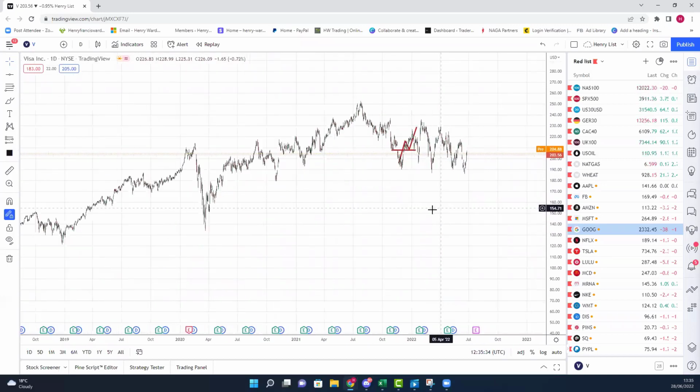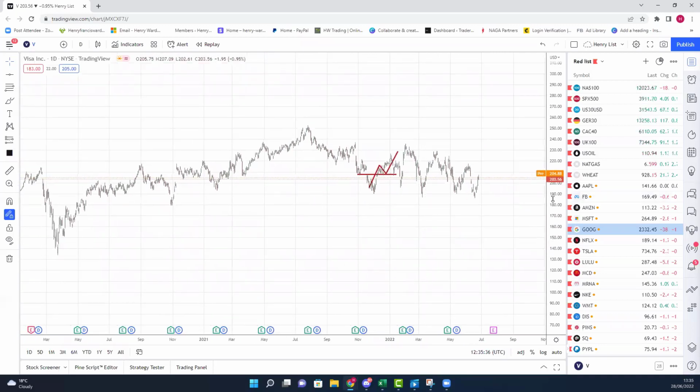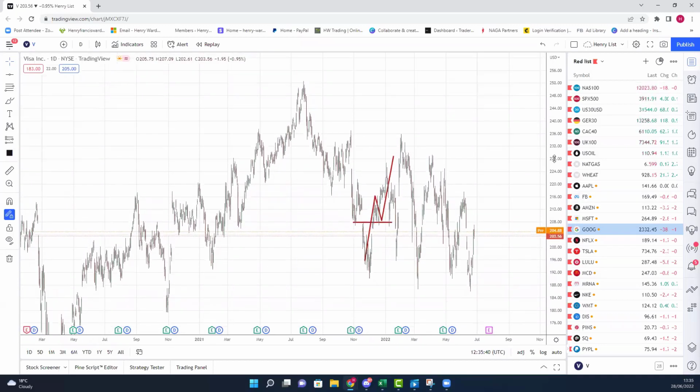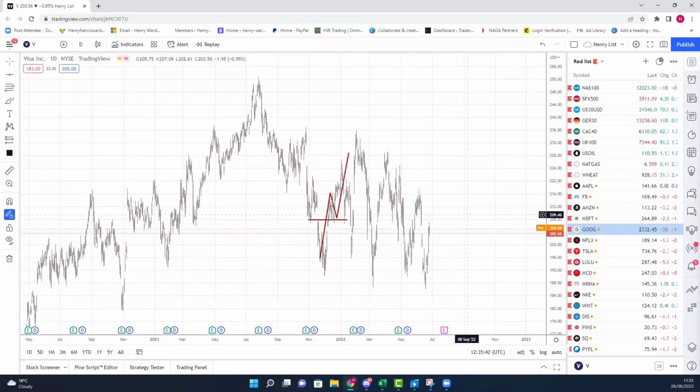Now, also the question will be, with inflation continuing to rise, will this be good or bad for the likes of Visa, MasterCard, all those credit cards? Will it be good or bad for these companies with not inflation rising, with interest rates rising?